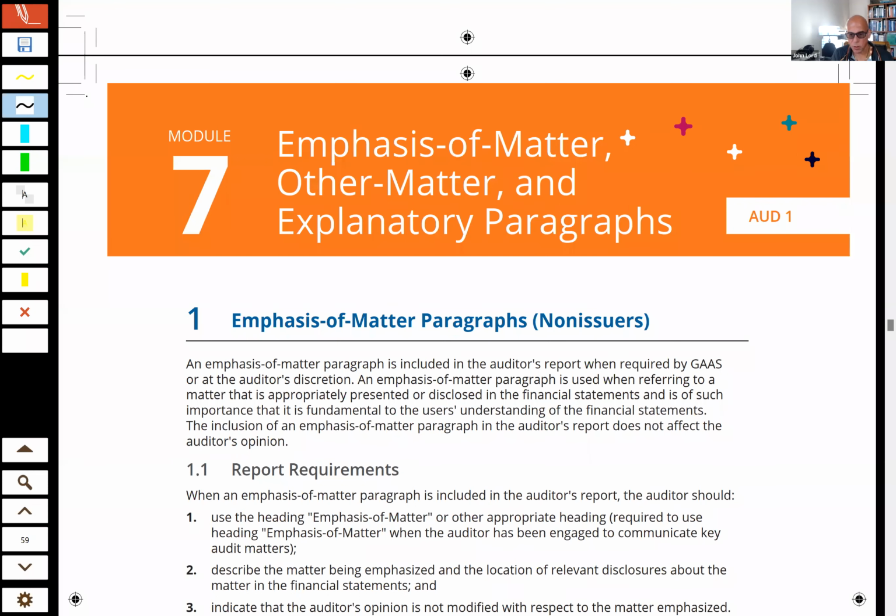So we spent quite a bit of time with that, really, and then saw that the approach was going to be to memorize the unmodified, unqualified opinion, and then understand how we change the structure of the unqualified opinion, unmodified opinion, if we have to start going to qualifications, adverse.